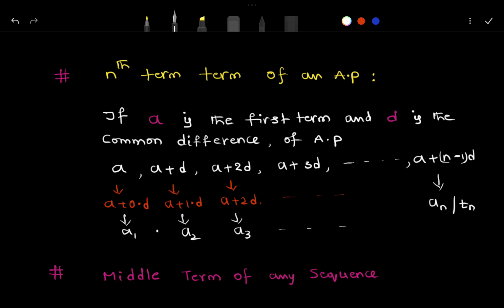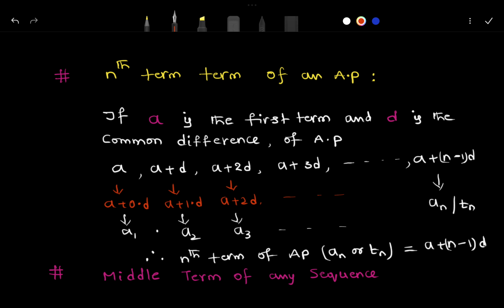So finally you can write that the nth term of an AP, arithmetic progression, an or tn, will be equal to a plus n minus 1 into d. I hope everybody is clear on this formula. It is a very important fundamental formula. So an or tn is equal to a plus n minus 1 into d.